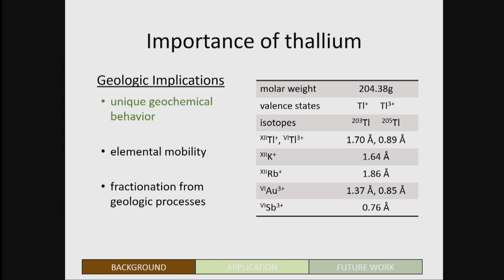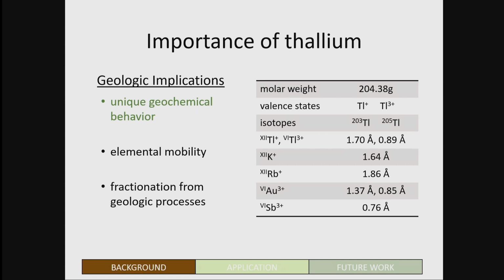Because of these two oxidation states, thallium also has two different sizes. The ionic radius of thallium varies very greatly depending on which oxidation state it's in. In the reduced state, which is the most common natural state, thallium is nearly identical chemically to potassium. Thallium is obviously not a very common element in geologic materials, but potassium very much is.